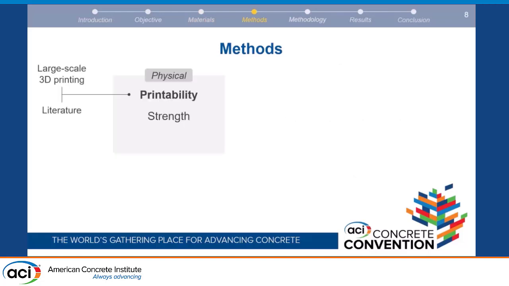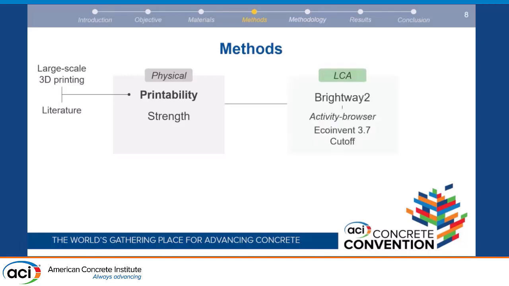So in terms of methods, the physical characteristics are defined through rheological tests presented on the next slide. The printability is defined with a literature review and actual large-scale 3D printing done at ETS.